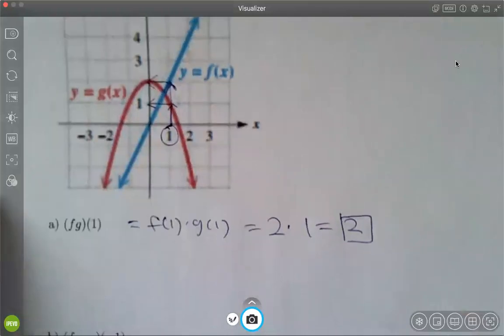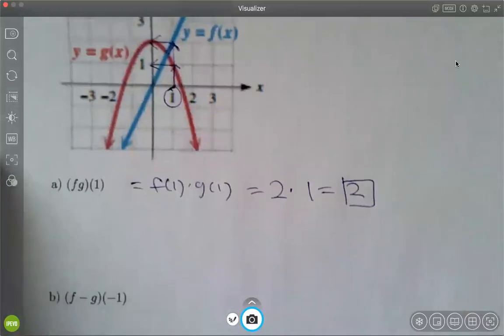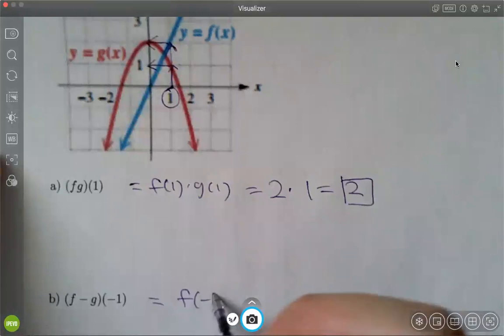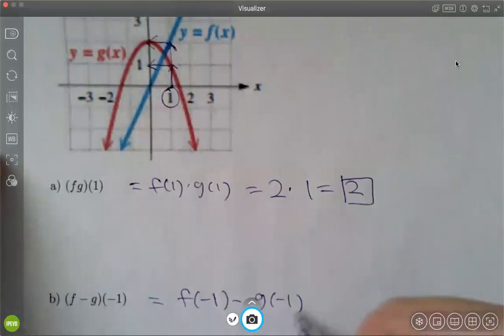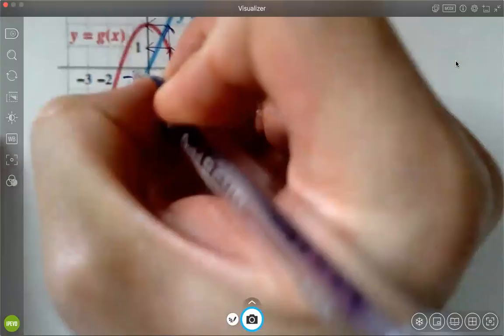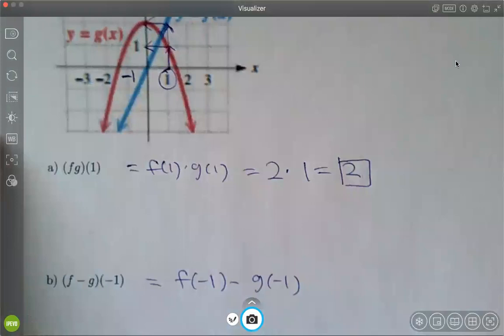And now, f minus g of negative 1. So this is f of negative 1 minus g of negative 1. And now, where is negative 1? Here, right? So what is f of negative 1? And what is g of negative 1?